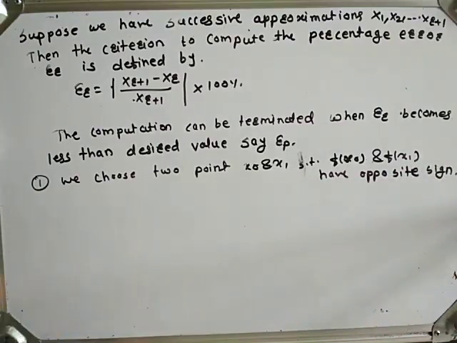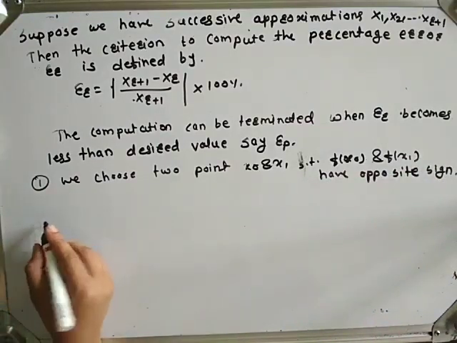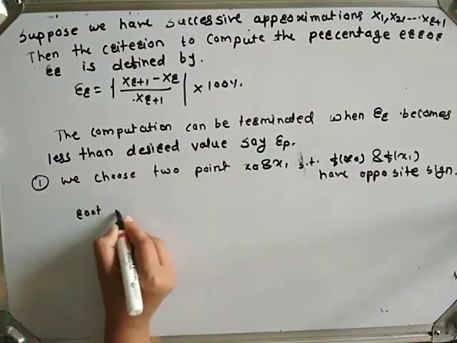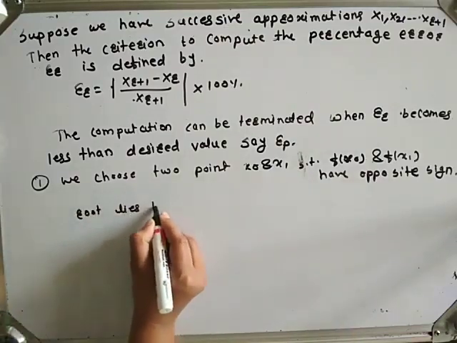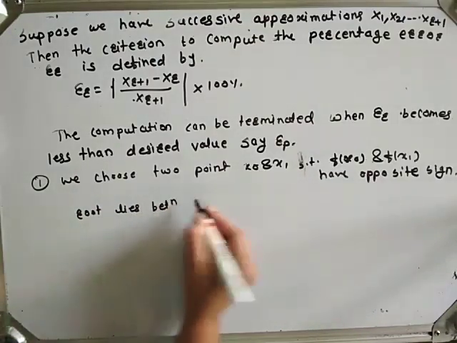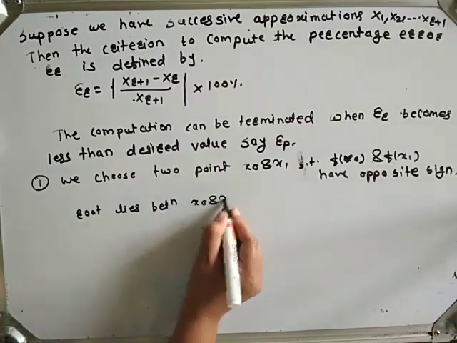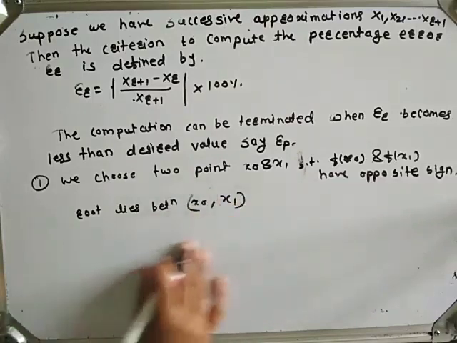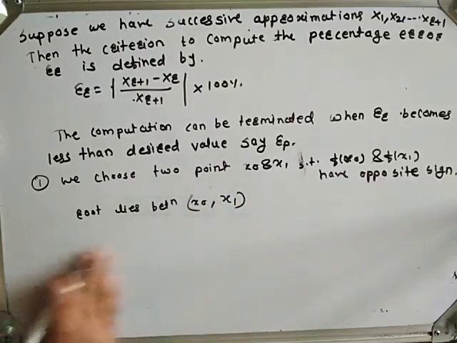By the theorem, the root lies between x0 and x1. That is, the root lies in the interval x0, x1.